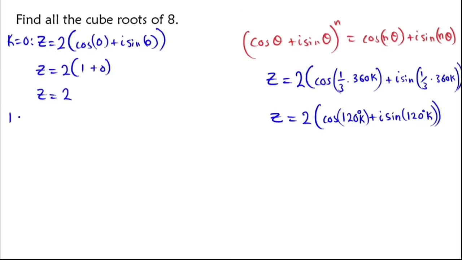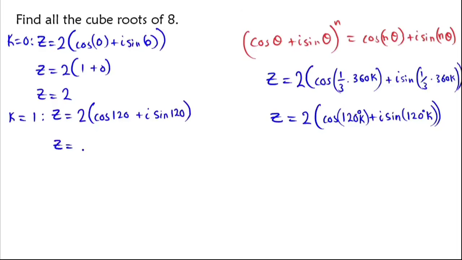Okay, how about when k is 1? What do we get? When k is 1, z will be equal to 2, open bracket, cos 120 plus i sine 120.